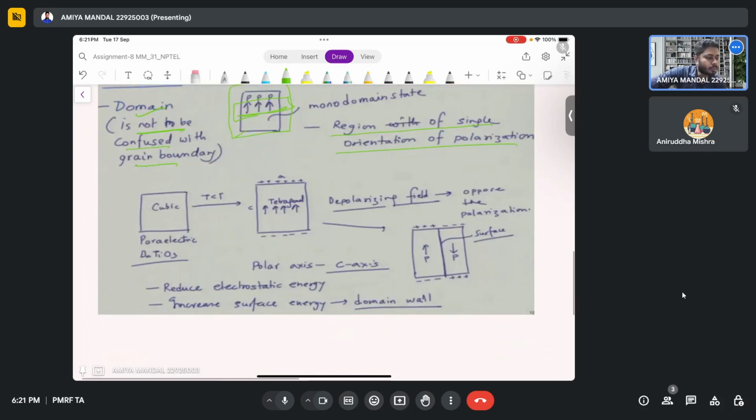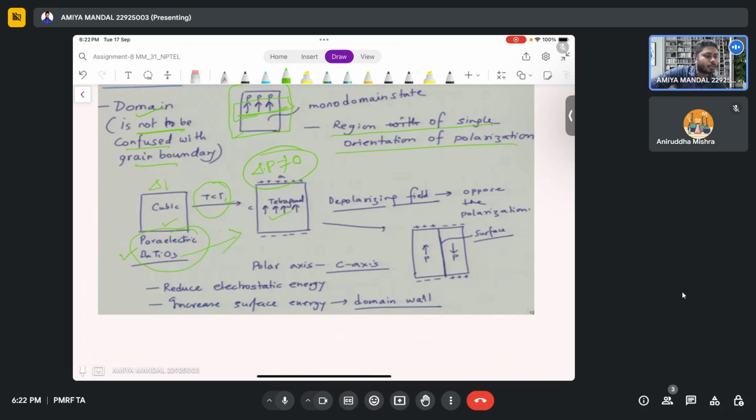Now you have learned about the phase change from cubic to tetragonal when T is less than Tc, the Curie temperature. From the paraelectric phase, barium titanate transfers to a tetragonal phase where a small polarization is observed.